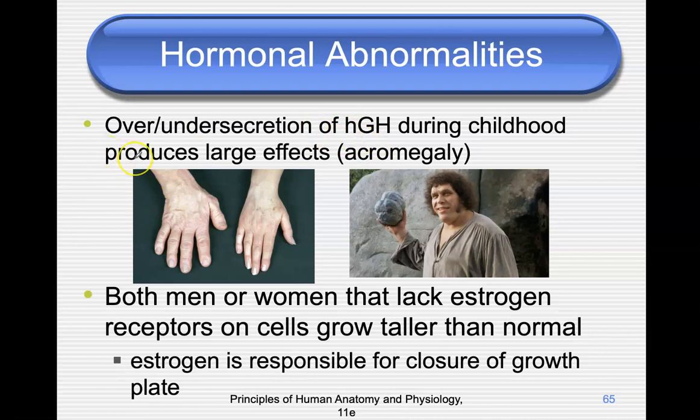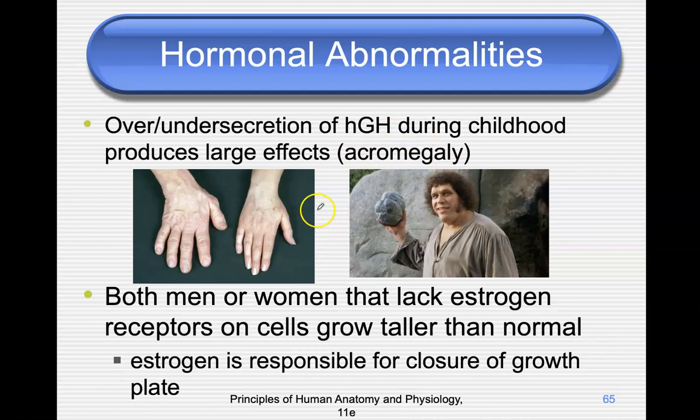But over secretion of human growth hormone during childhood can have large effects as well. Large, no pun intended. It can happen especially if you have tumors on the pituitary gland that stimulate the oversecretion of human growth hormone. This can cause things like acromegaly.